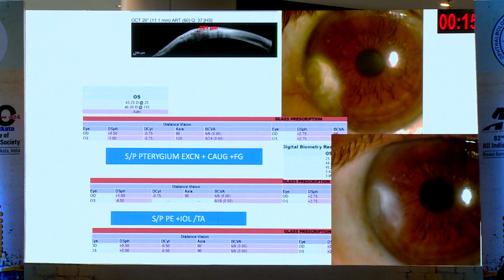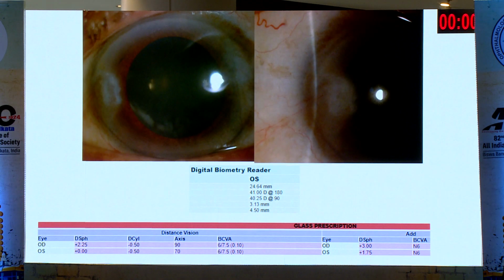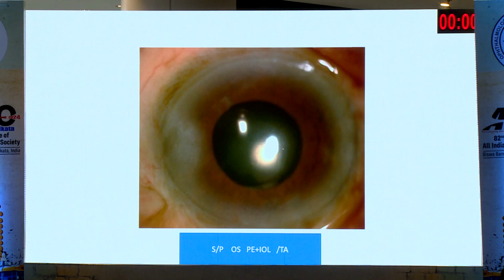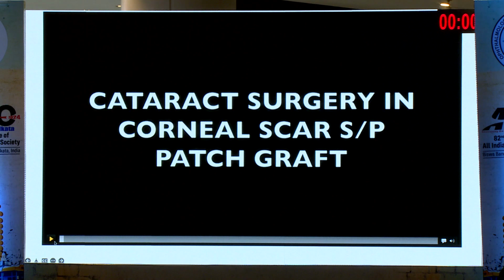But if it is increasing the corneal astigmatism, then you need to do a sequential, a staged procedure in which you do the pterygium excision followed with the autograft and the fibrin glue, and later once the surface is stabilized, then you deal with your cataract surgery and you go ahead with your intraocular lens implantation.